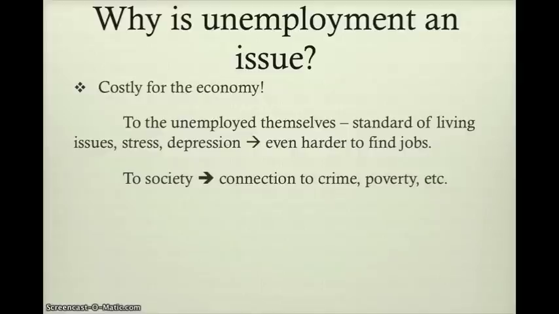Also, there's a large cost to society, as unemployment rates are inevitably linked, though not necessarily the cause of, crime, poverty, etc. And to the general economy as well. As mentioned, for example, you could consider a PPC curve where the economy isn't producing at full capacity.